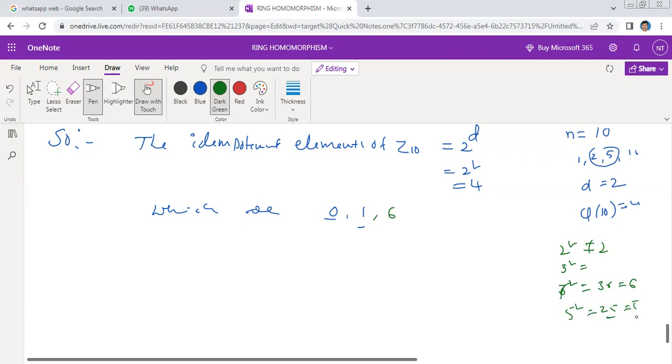So 0, 1, 5, 6 are the 4 idempotent elements.